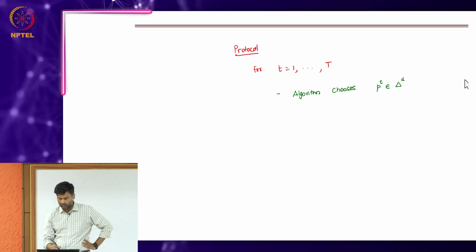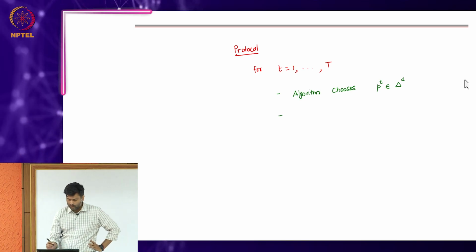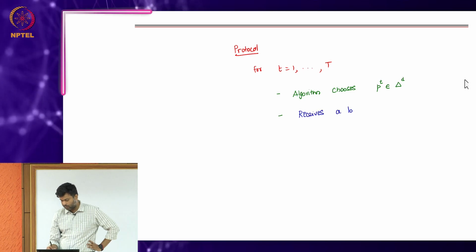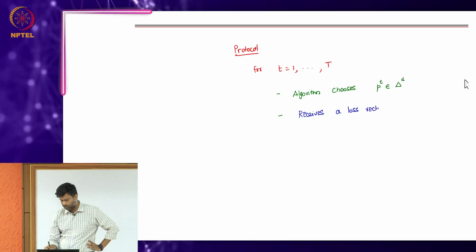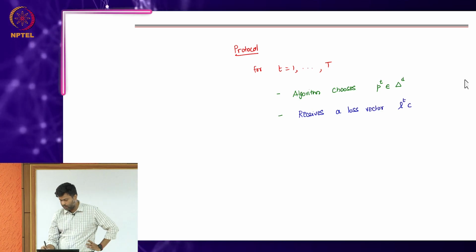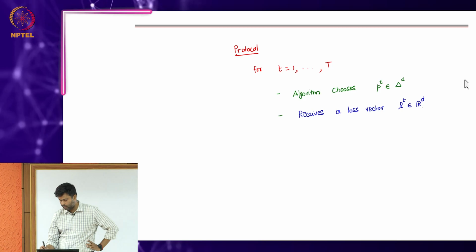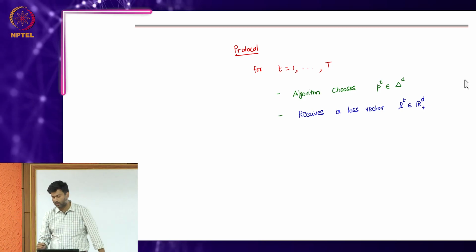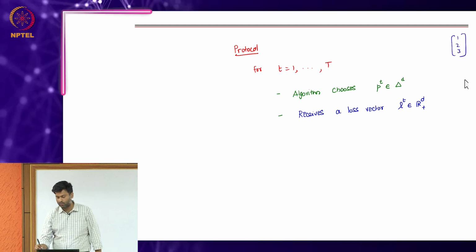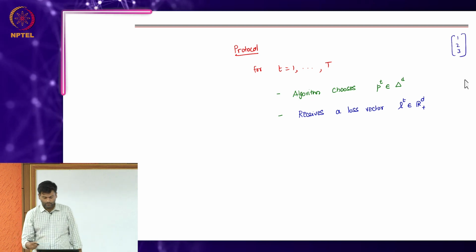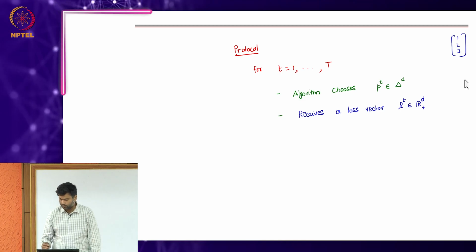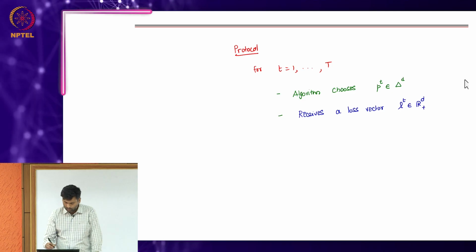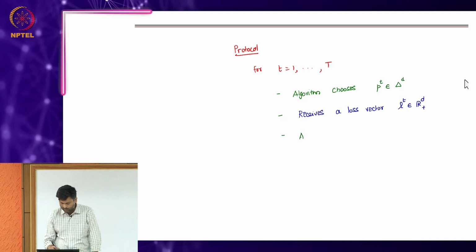It chooses something, and now what the algorithm receives is a loss vector, which is, let's say, some d-dimensional vector of positive numbers. For example, if d is 3, this can be 1, 2, 3, which means it's a loss vector in 3 dimensions. Then the algorithm suffers something.